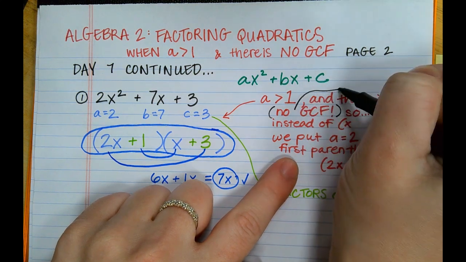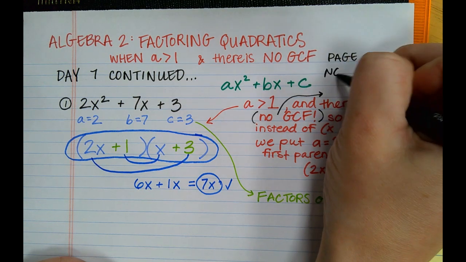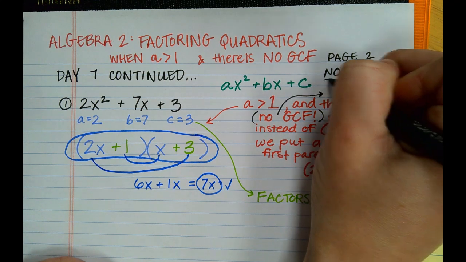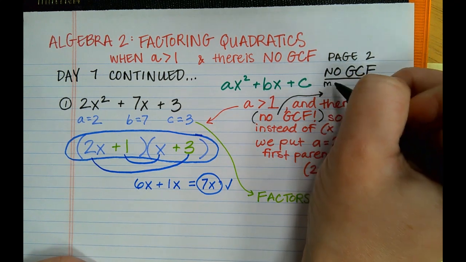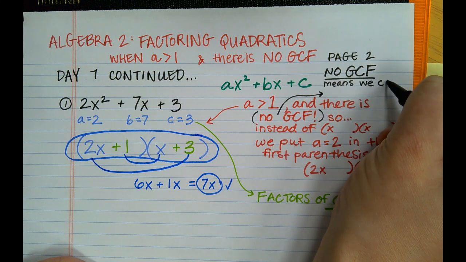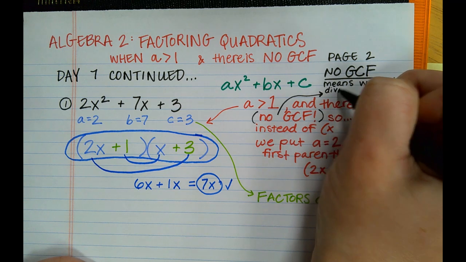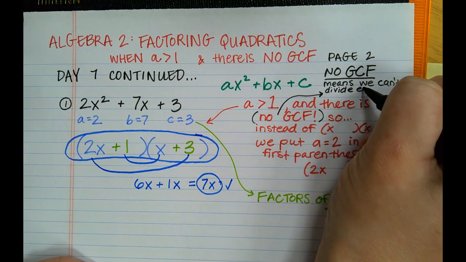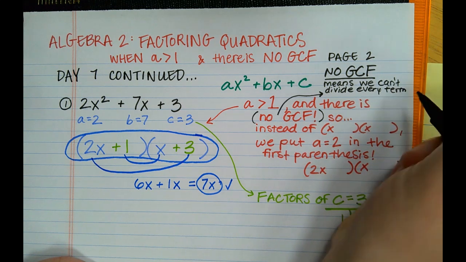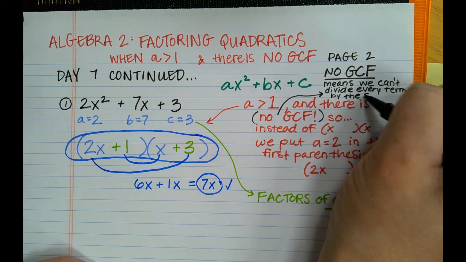Okay, let's do that. So, over to the side. No GCF means we can't divide every term by the same number.